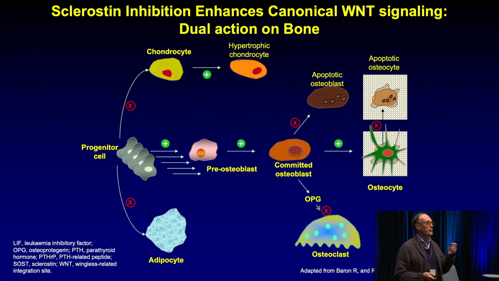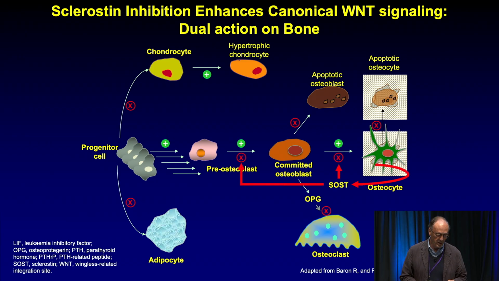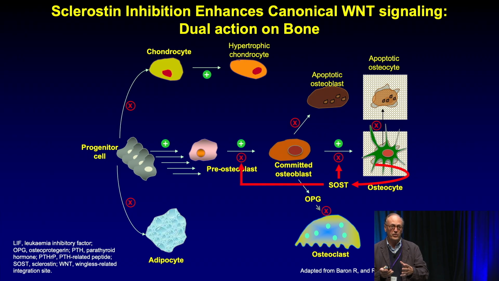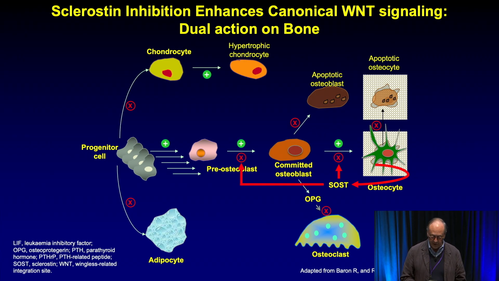So the mechanism here is a negative feedback loop, where the end cell, and notice I didn't say terminally differentiated cell, I learned that this morning, secretes sclerostin locally to tone down this very potent activity of the pathway.